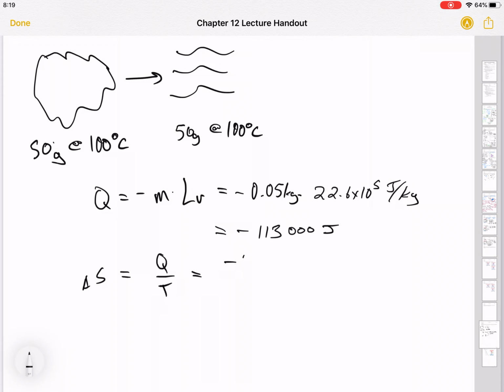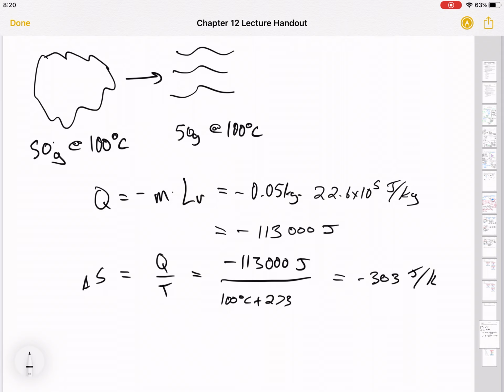So that's going to be minus 113,000 joules divided by a temperature, and that needs to be the absolute temperature, so it's got to be in Kelvin. So that's 100 degrees Celsius plus 273 to make it Kelvin. If you do that math, you get minus 300-ish joules per Kelvin.